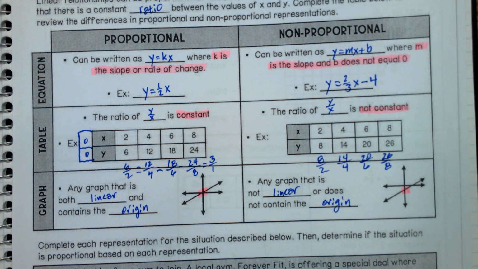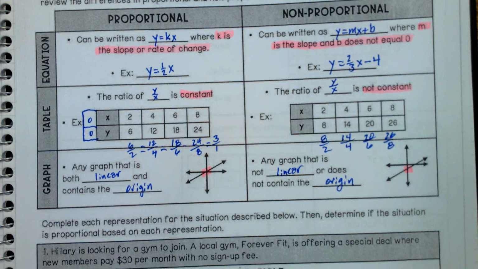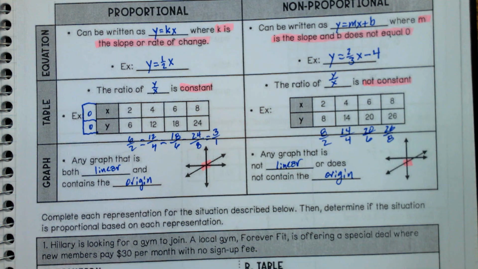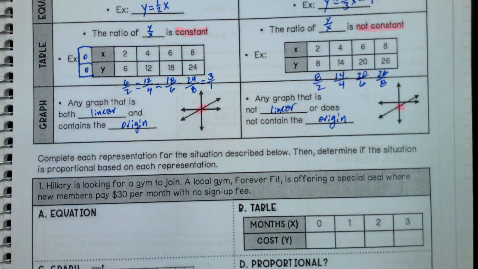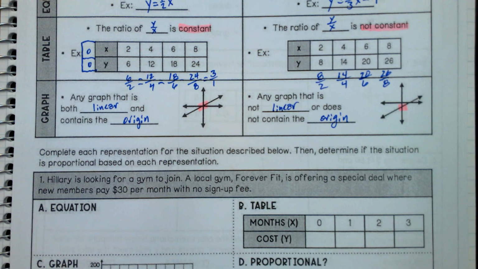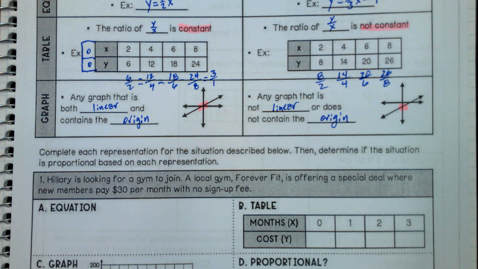Okay, so today mainly we're going to be comparing one to the other. So we're going to complete each representation for the situation described below, and then we're going to determine if the situation is proportional based on each representation.